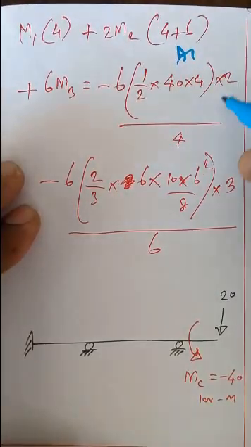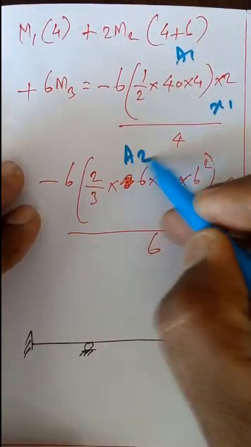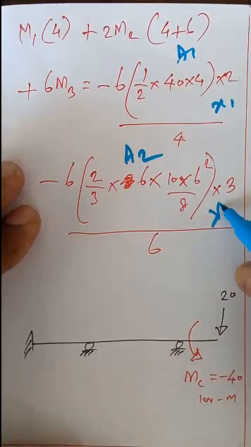So this is A1, this is X1, this is A2, this is X2.